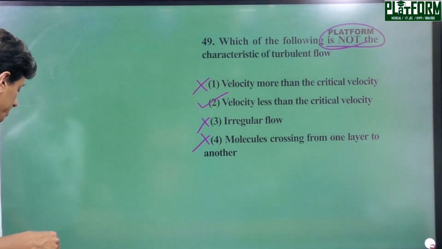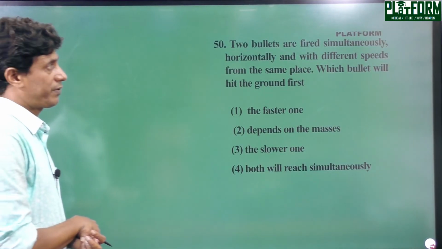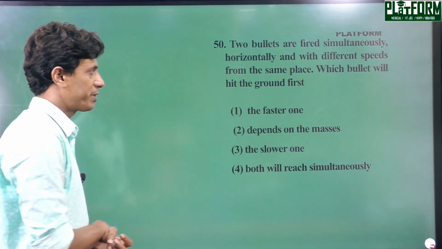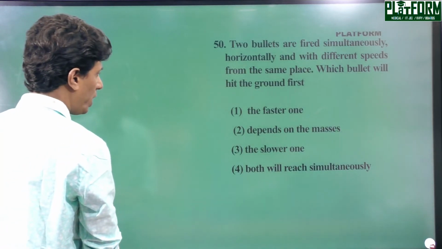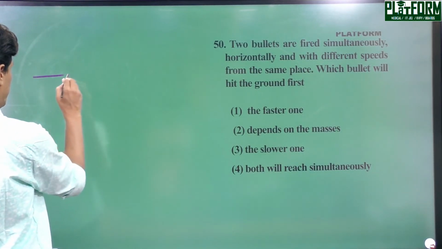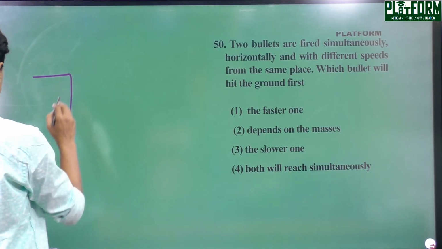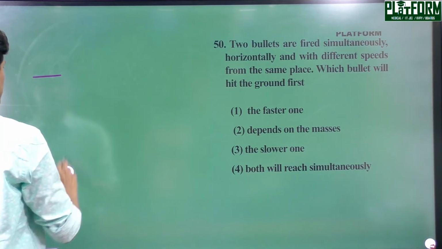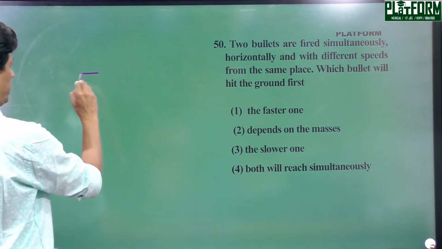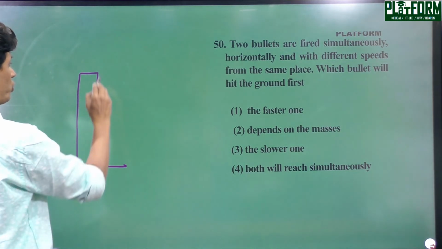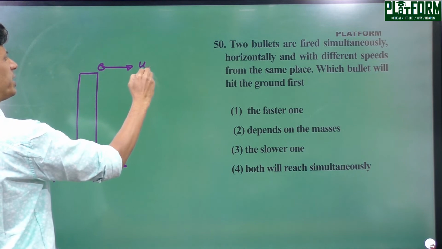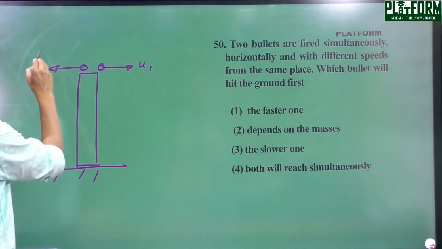Next problem. Two bullets are fired simultaneously, horizontally, at different speeds from the same place. Which bullet will hit the ground first? Let us say they are projected from the top of a tower with different speeds.